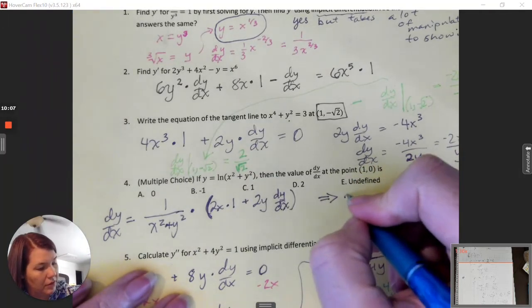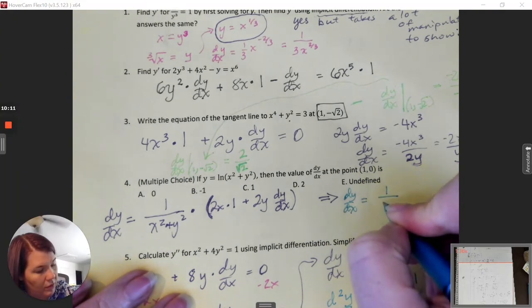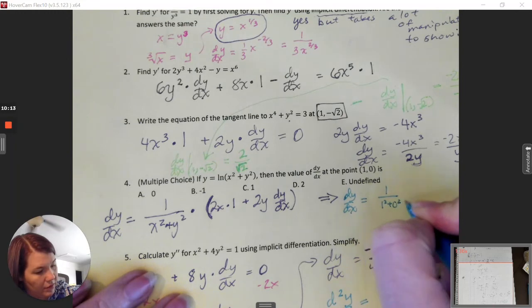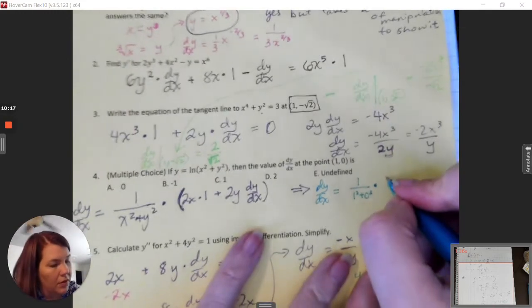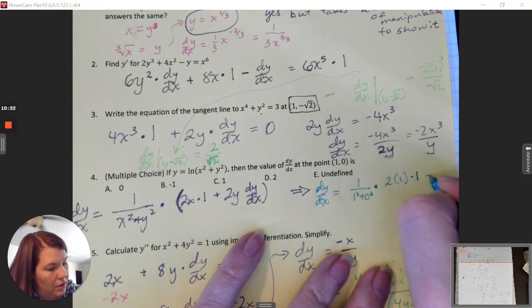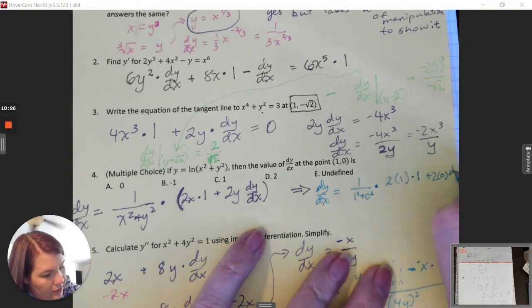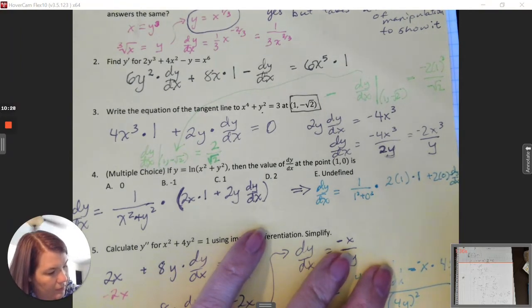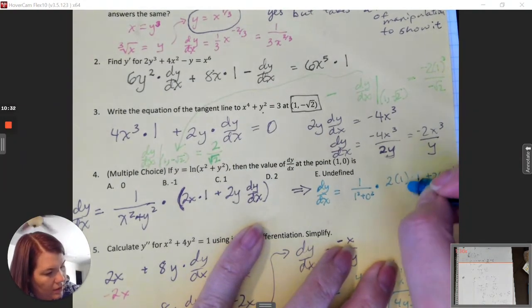So I've got dy/dx over here equals 1 over 1 squared plus 0 squared times 2 times 1 plus 2 times 0 times dy/dx. And that one I don't need.